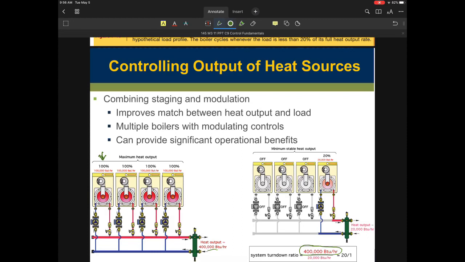It's a little different than the boiler turn down ratio. A boiler turn down ratio would have been 20% of the 100, or in this particular case, a 5-to-1. But in this case, we have 400,000 BTUs, and one boiler kicking on provides you 20,000. So my system turn down ratio ends up being 400,000 divided by the 20,000, which is a 20-to-1 system turn down ratio.